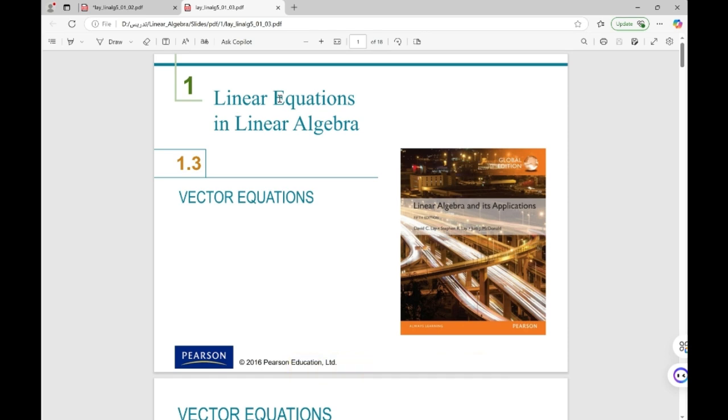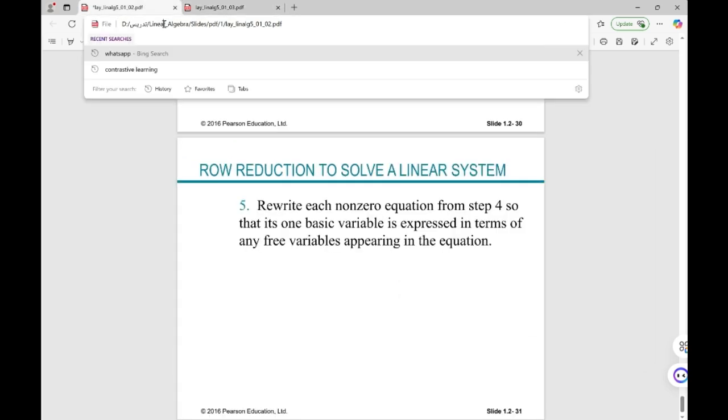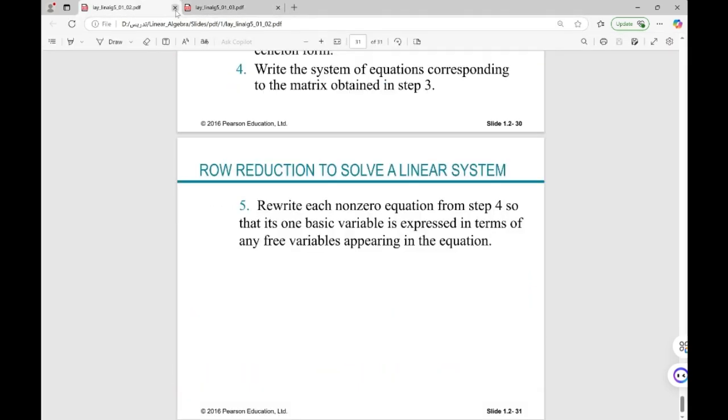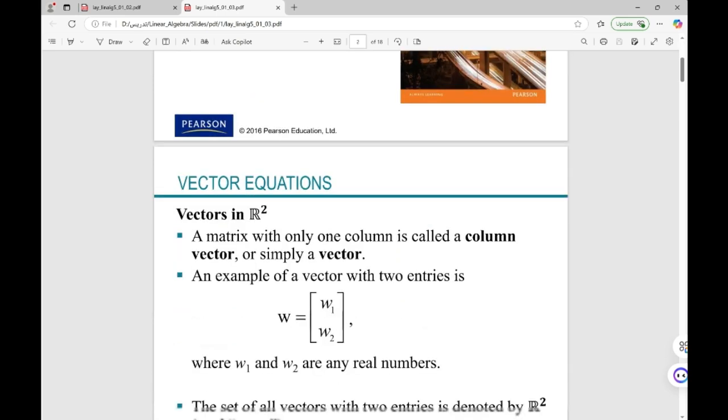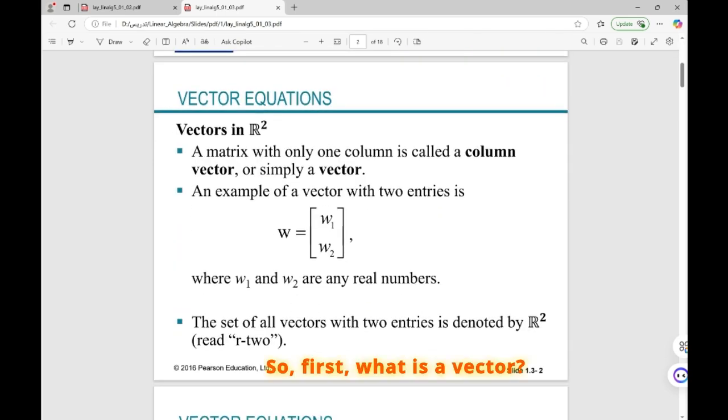Okay, let's move to the next series of slides. So, first, what is a vector? You think what is a vector? One column or one row. Exactly, a vector is a matrix which has only one column.